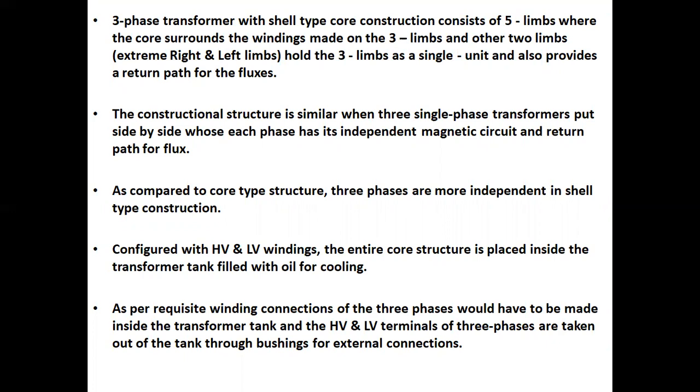As per requisite, winding connections of the three phases would have to be made inside the transformer tank, and the HV and LV terminals of three phases are taken out of the tank through bushings for external connections.